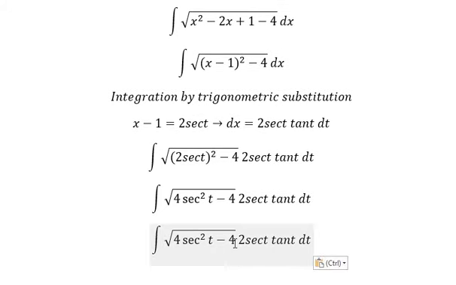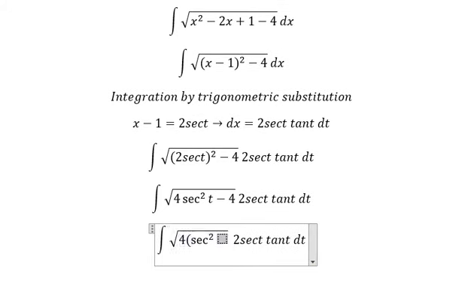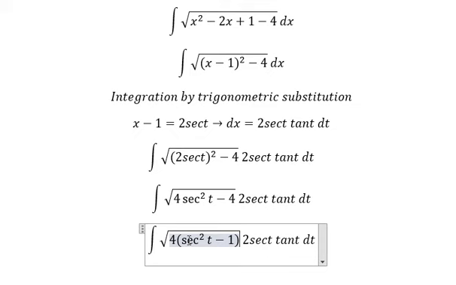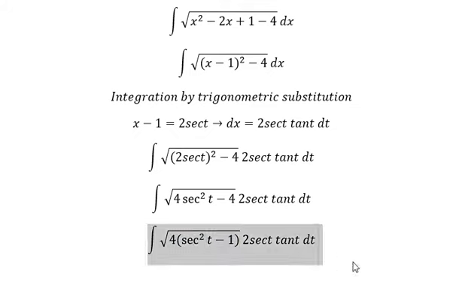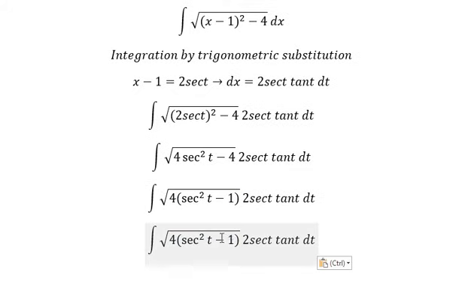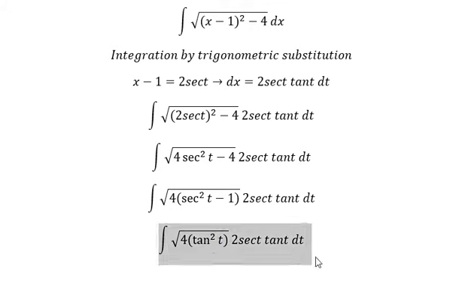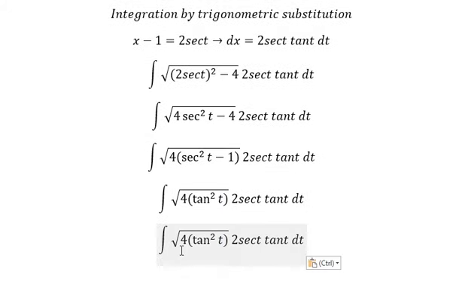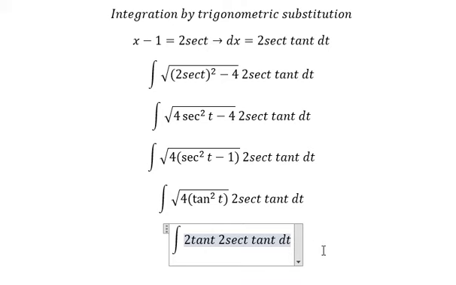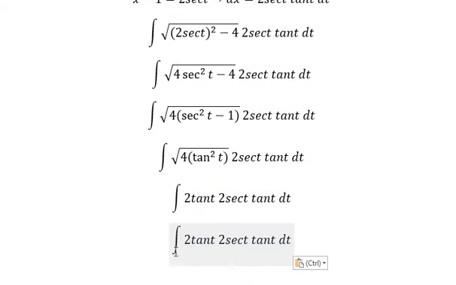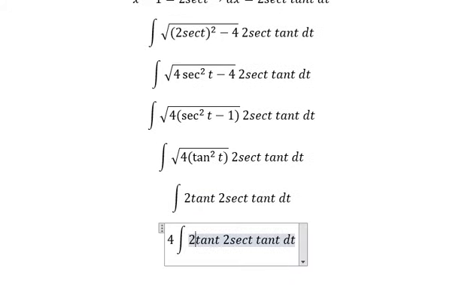Number 4, we can do factorization. This one we got tan t square. The square root of 4 tan t square, you got 2 tan t. Number 2 and number 2, you got 4.